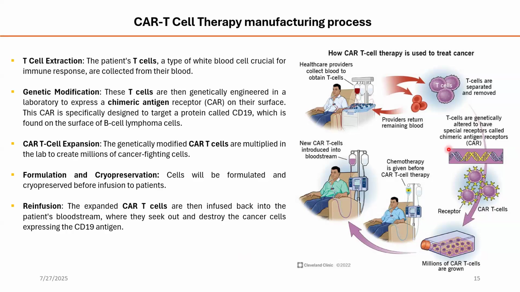So whatever T cells are available, you have a mixed population, the good cells, bad cells, everything. Normally, all of this is automated. So all the cells are collected as much as possible, and then GMP is followed, where all the T cells are proliferated and the genetic modification is done in whatever T cells are available.